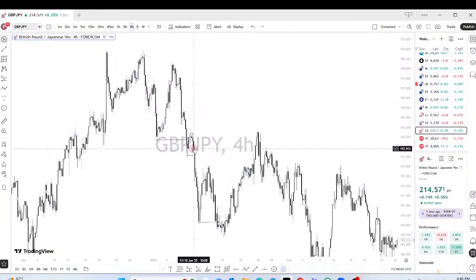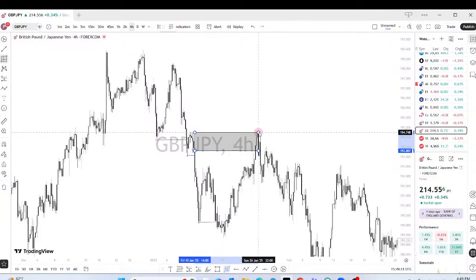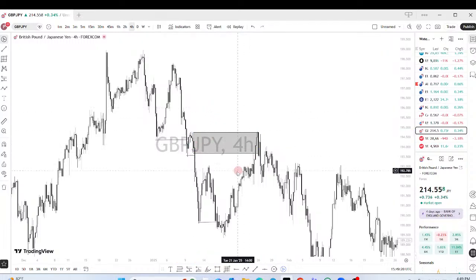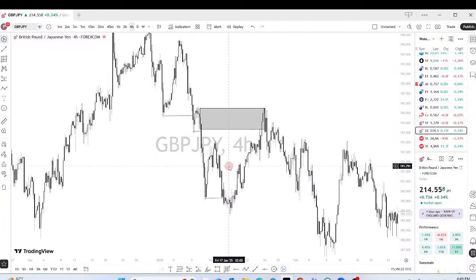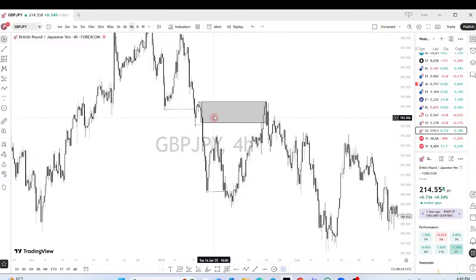This is the other block. This candle here. Let's highlight it very well. So that is the candle that caused the breakout structure.